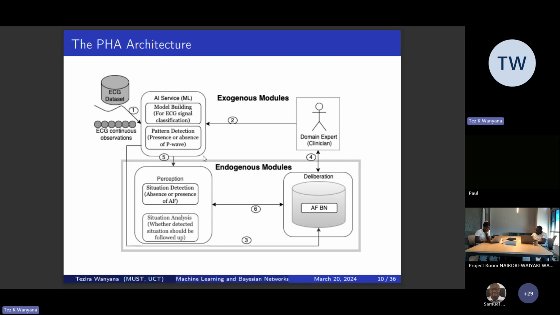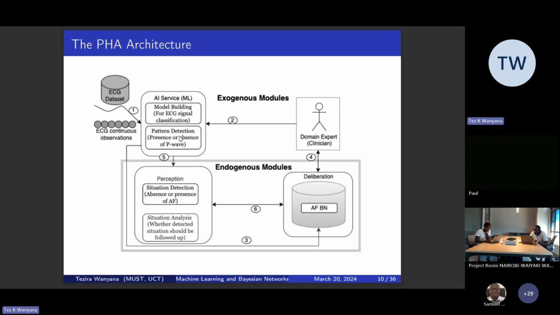But we actually thought maybe it should have been called an ML service because the rest of the agent is also incorporating other AI techniques, and so AI service would be a mixed name at that point. But we tried to maintain that terminology because that's what the agent community was using.